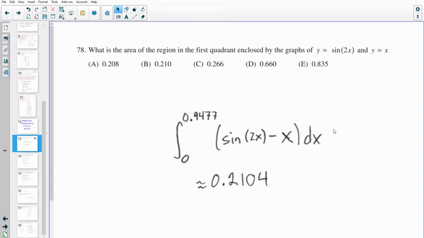This integral, I am not considering doing an antiderivative. I'm just going to plug this in. This is one of the things that you can do with your calculator, just plug this in under math and then scroll down to the FNINT option and plug that in. And my calculator gives me the answer of about 0.210. So my answer is B.